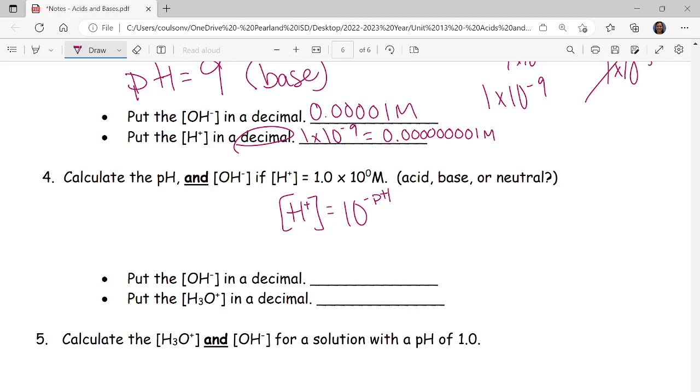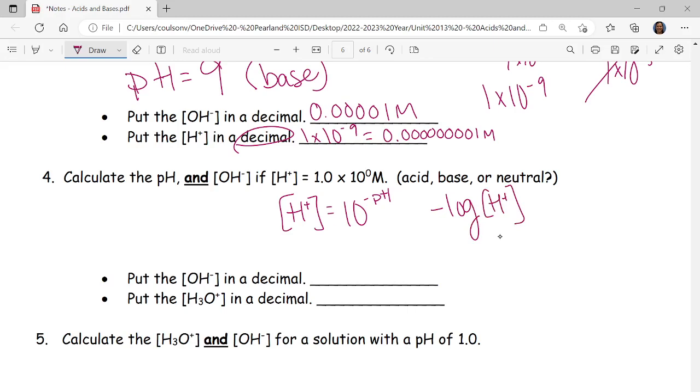Or, that's not even the equation I would use. Negative log of the hydrogen ion concentration.